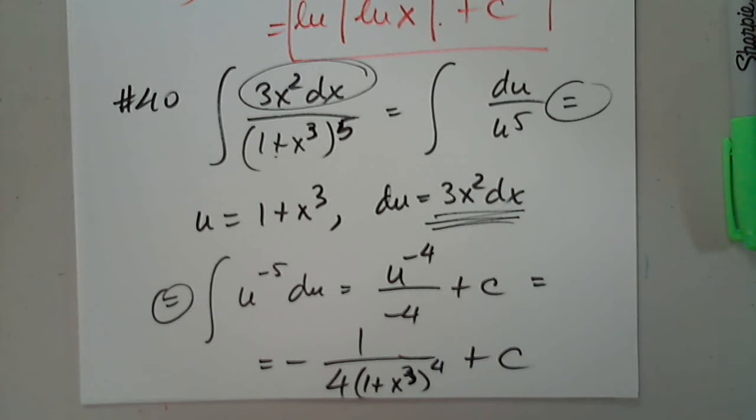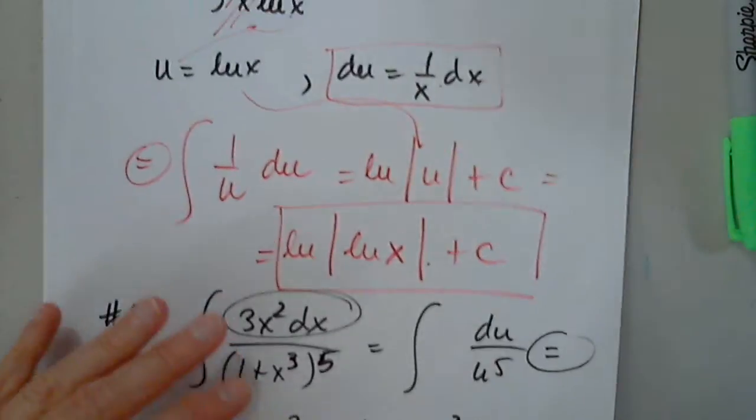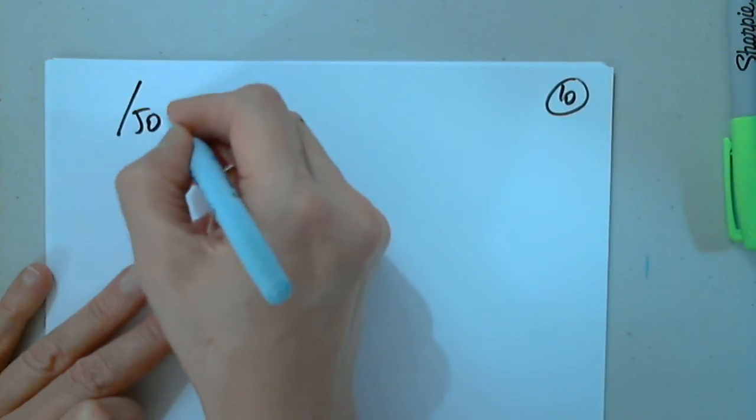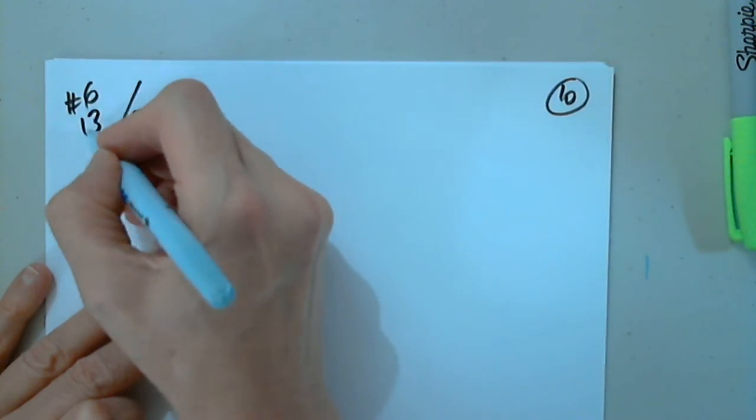Any questions? On page 509, could we do both 6 and 13?